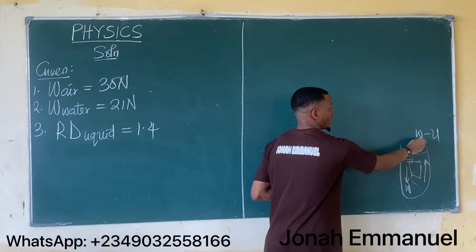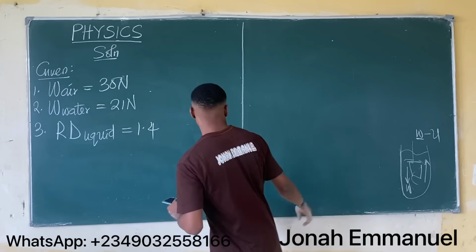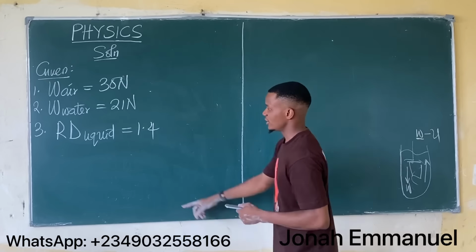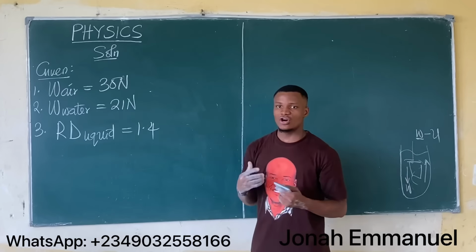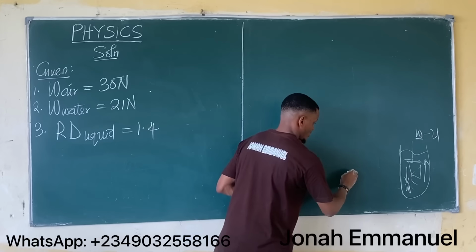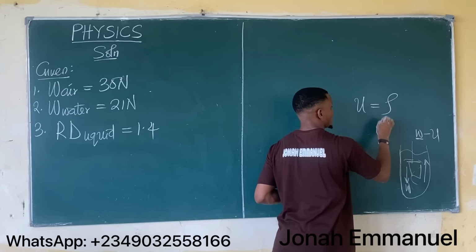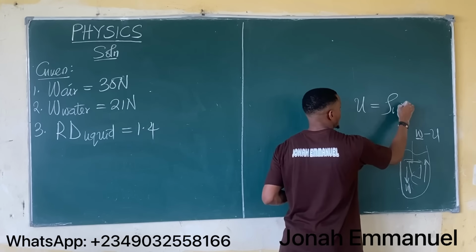So it becomes weight in air, which we already have here, minus the upthrust in the liquid. So I need to get the upthrust in the liquid. I know that the upthrust in the liquid is equal to density of the liquid times volume.